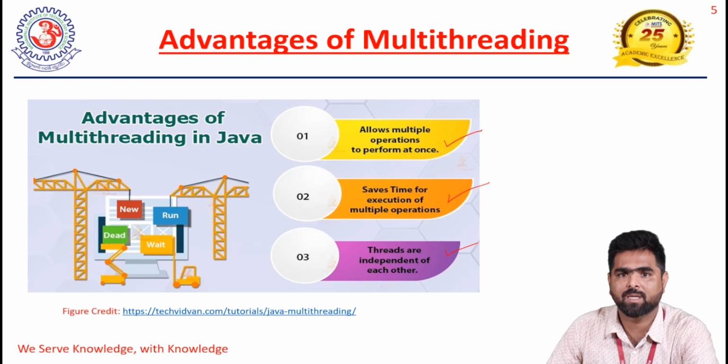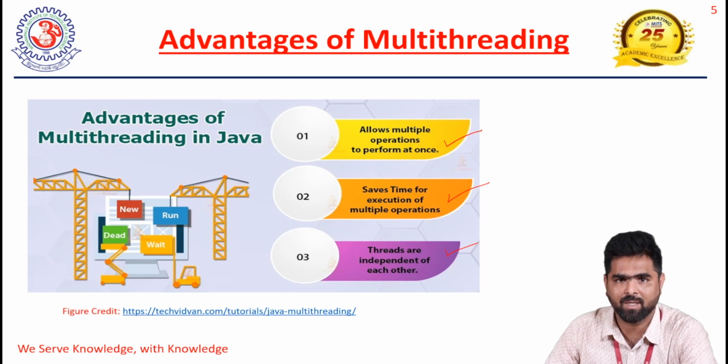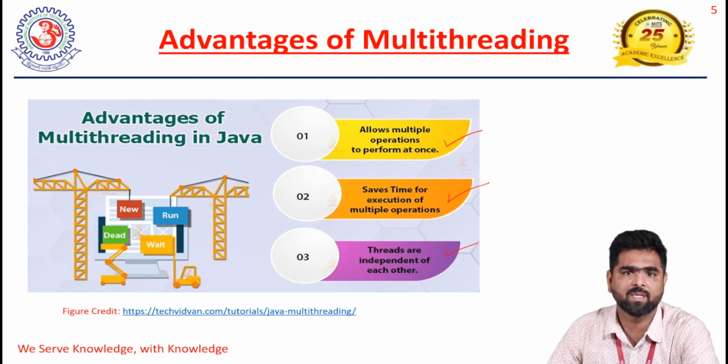All other threads work independently. So these are the advantages of multi-threading. One is we are able to execute multiple operations, second is as we execute multiple operations parallelly, it saves time, and third is all the threads are executed independently.